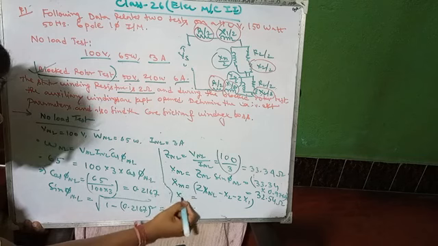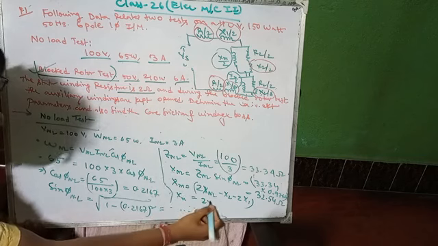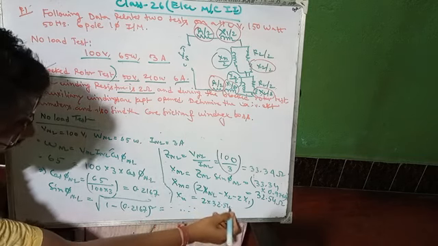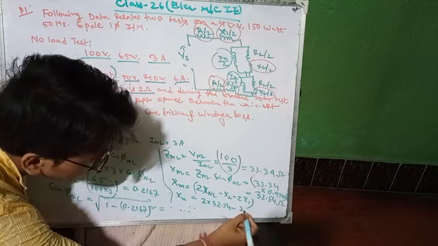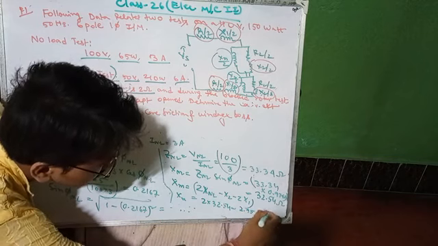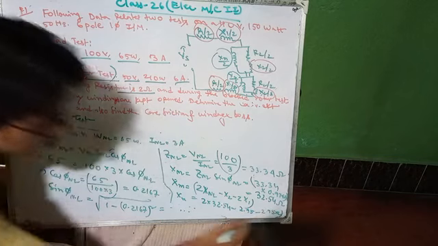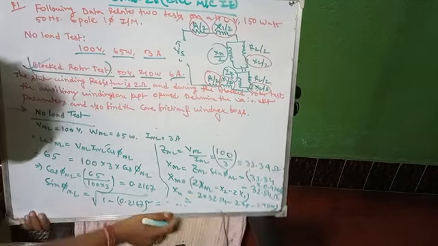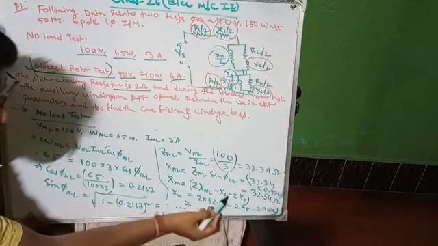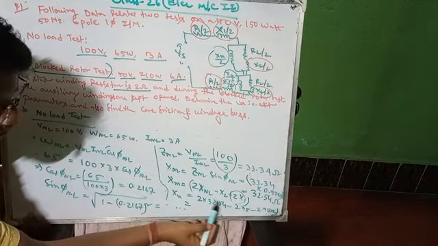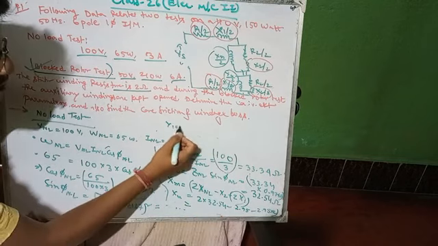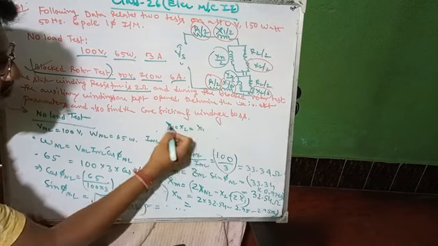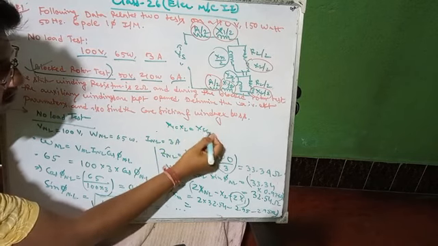So XM equals 2 times 32.54 minus X2 minus 2X1, with X2 equal to 2.95 and X1 equal to 2.95 into 2. X2 is again 2.95, because we are assuming X1 equals X2, which equals XSC by 2, right?